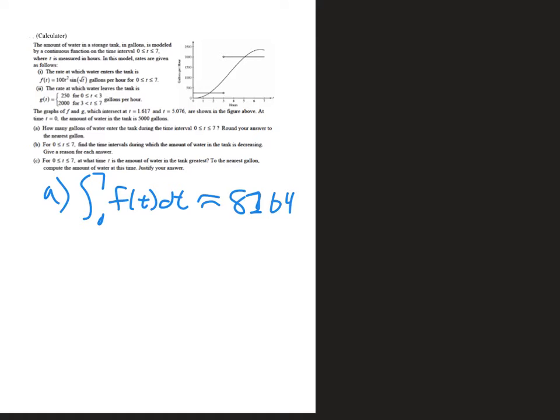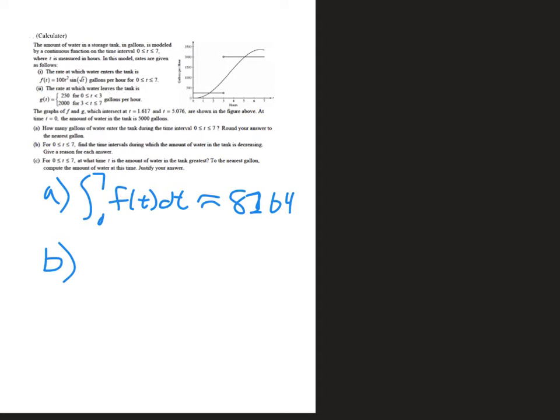Part B, time intervals during which the amount of water is decreasing. Well, the water is going to be decreasing anytime that the rate out is more than the rate in. And we can see that happening a couple times on our graph here. The rate out is this piecewise horizontal function.